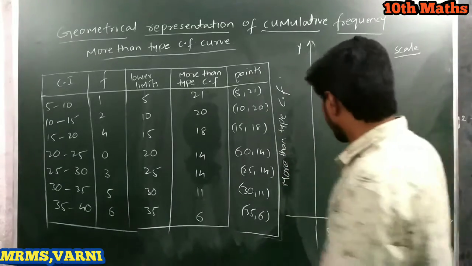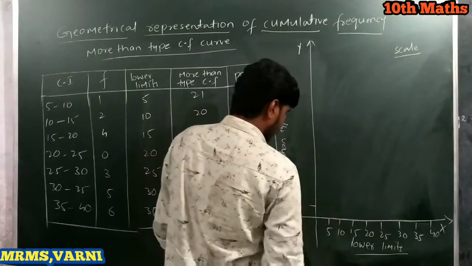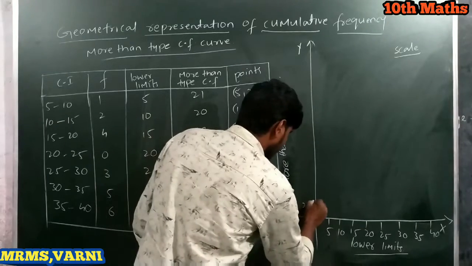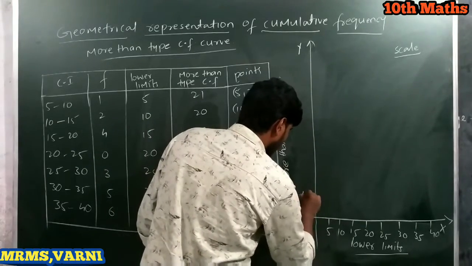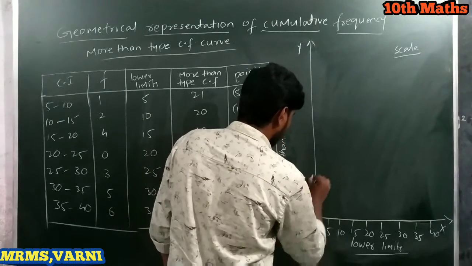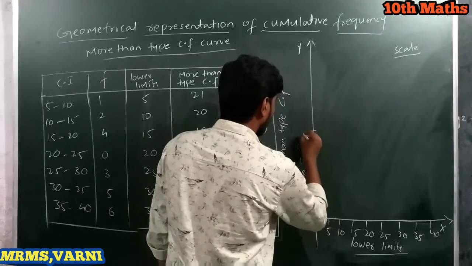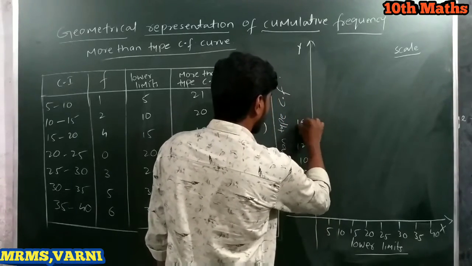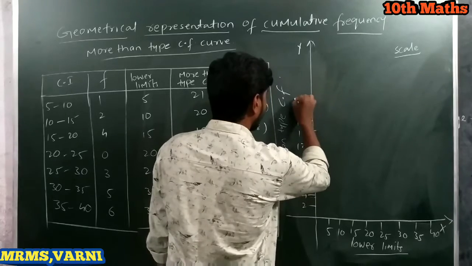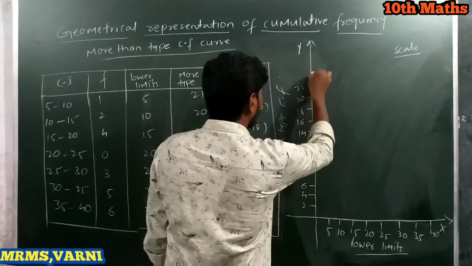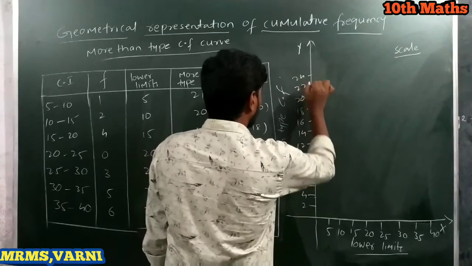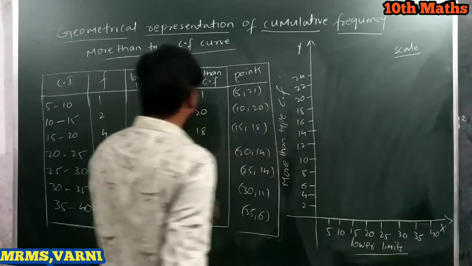So on the y-axis we take 2 units, 2, 4, 6, 8, 10, 12, 14, 16, 18, 20, 22, 24. So our highest frequency is 21.